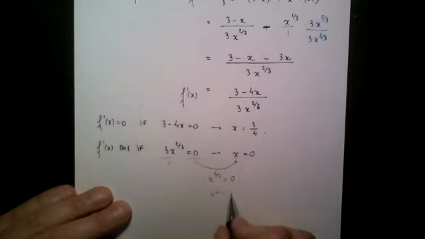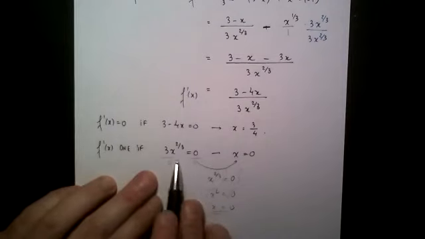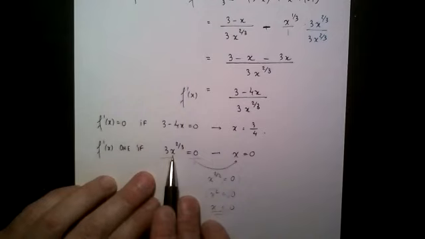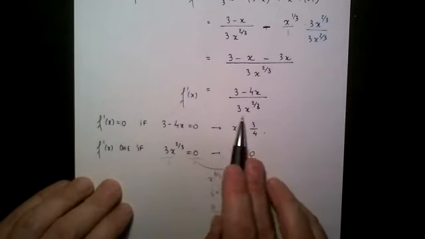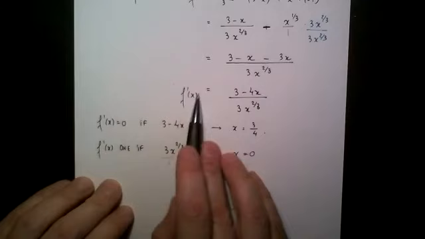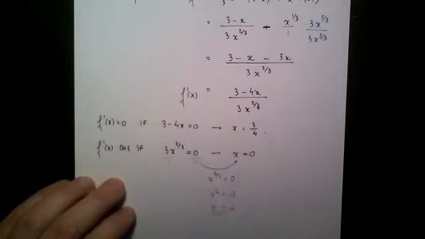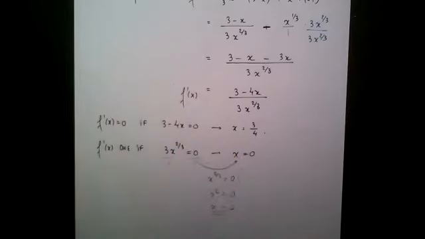I'm going to get x squared equals 0. And then I'm going to take the square root of each side. I'm going to get x equals 0. Oh, but we do it even if it does not exist? Of course, I'm looking for the value of x that would make the denominator 0, and therefore the derivative not exist. All right. Okay? Any questions before I continue?